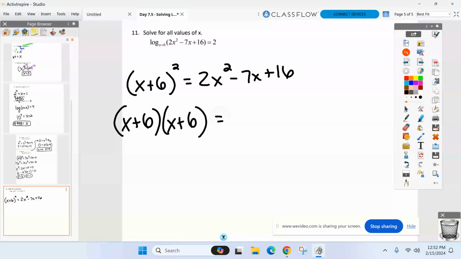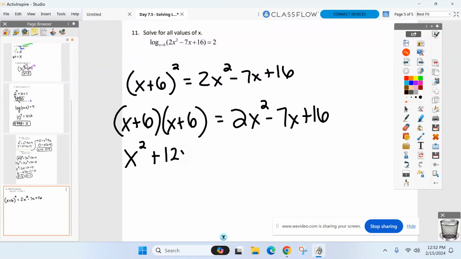Fine. x squared plus 12x plus 36. Make sure you get that on the left side.